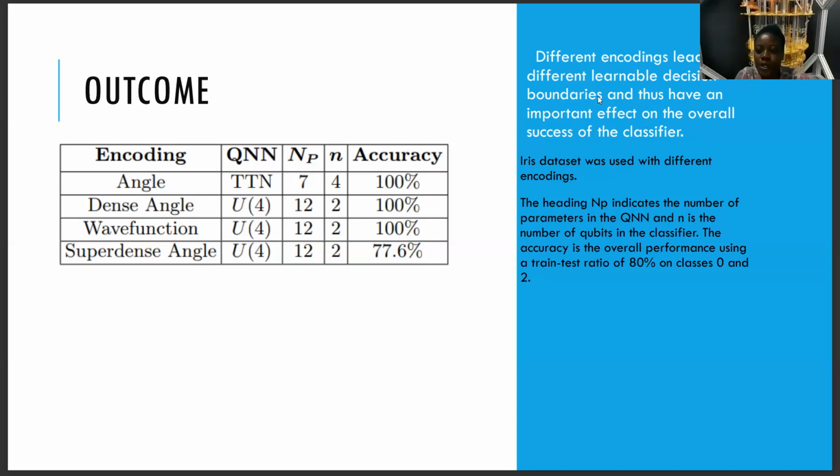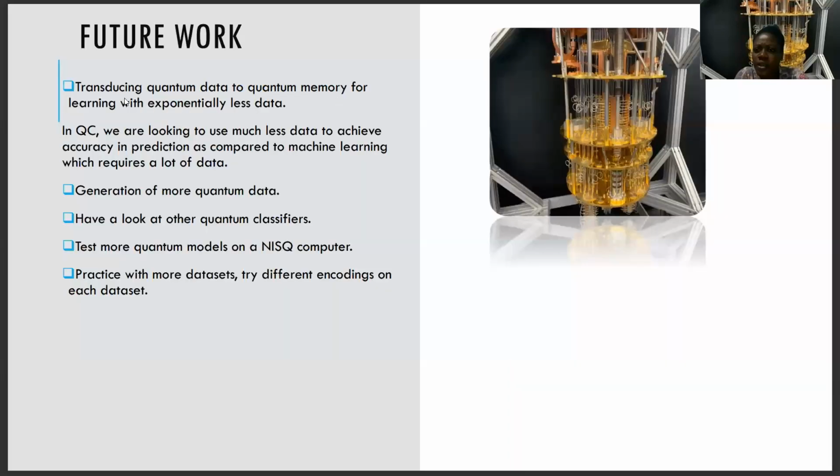Okay. So over here, I was just trying to speak about the outcomes, what everything represented here. So we are looking at transducing quantum data to quantum memory for learning with exponentially less data.